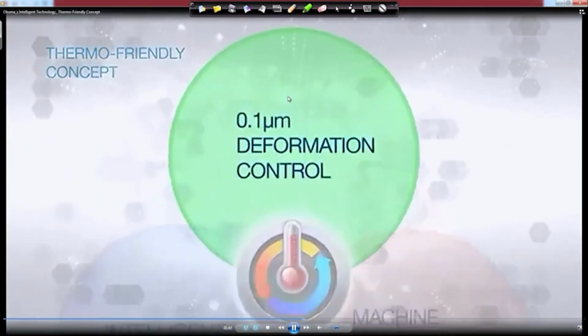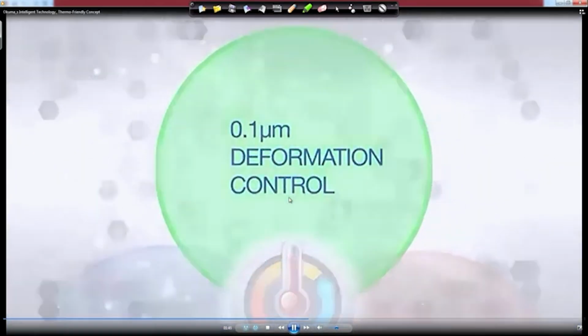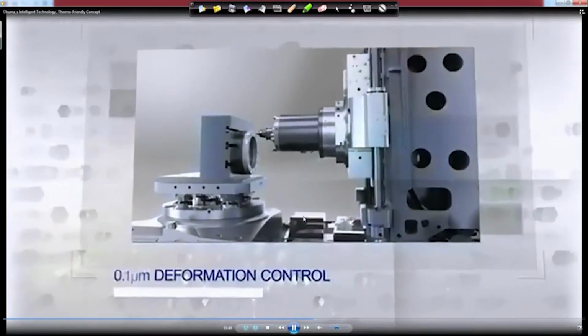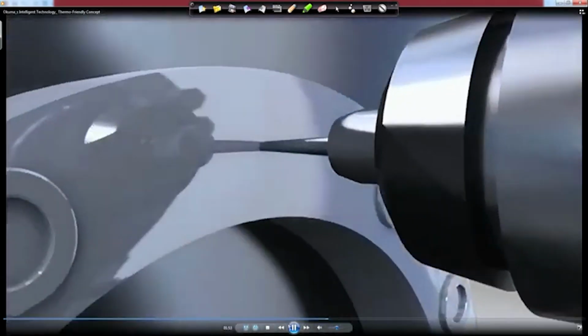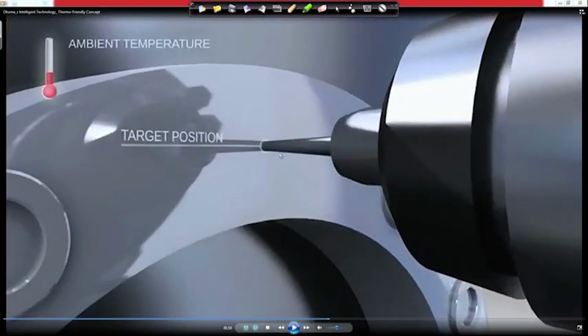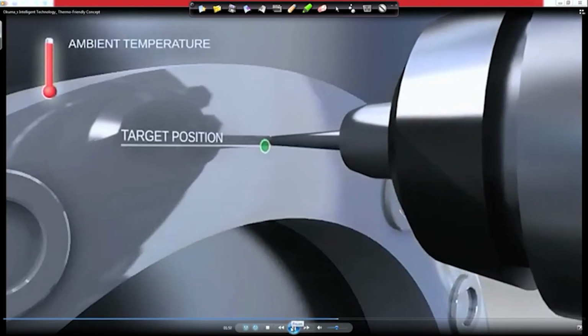And then this is the last one, the 0.1 micron deformation control. So, here you need sensors which will sense the temperature variation. Right now this is your target position, but it is at ambient temperature. Now, suppose you have a variation in the temperature, and because of that your target is shifted a little bit, up to 0.1 micron, that is 100 nanometer.